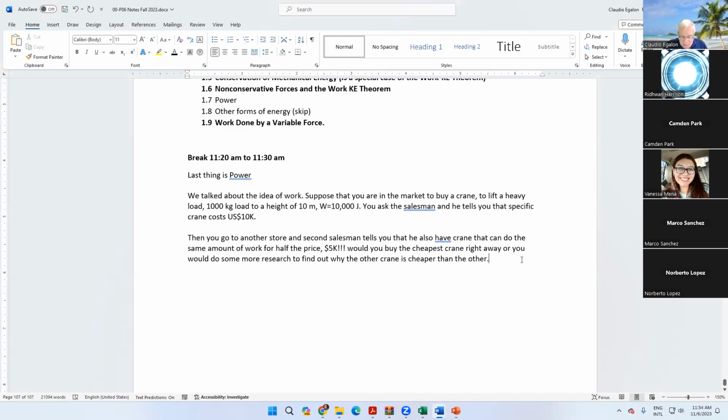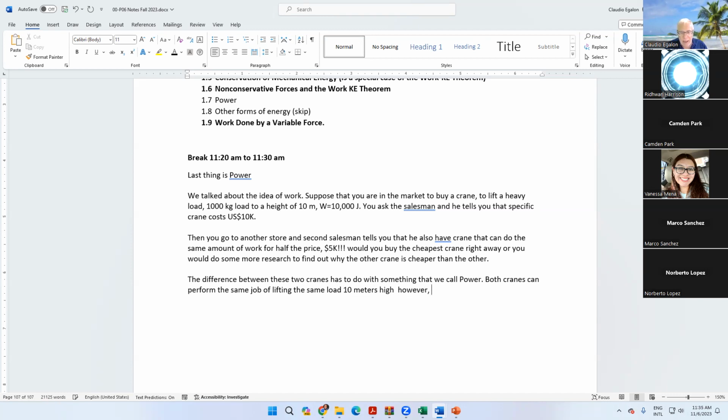The difference between these two cranes has to do with something that we call power. Both cranes can perform the same job of lifting the same load 10 meters high.